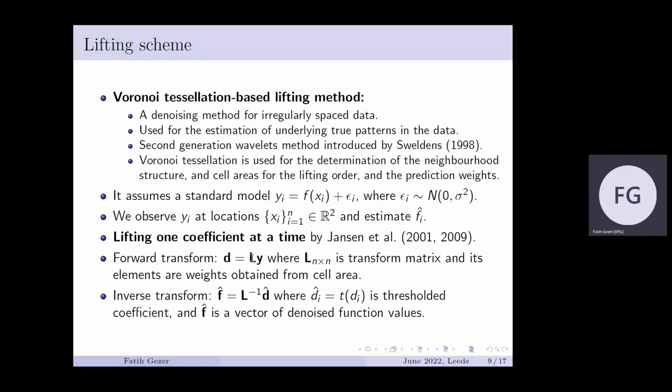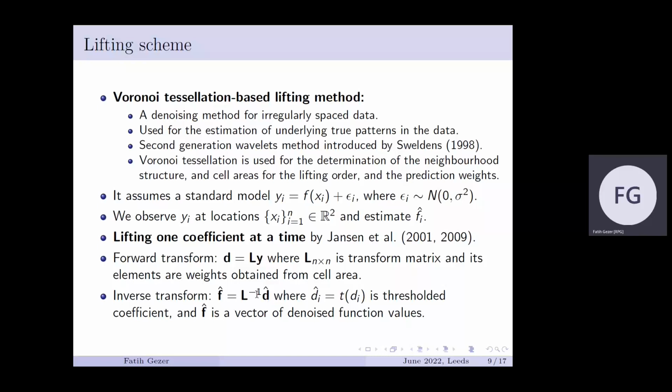So the observed data, the noisy data, the vector y, is multiplied with the transform matrix, and we obtain the coefficients d, a vector of coefficients. These coefficients include very small coefficients and large coefficients, and we assume that the small coefficients are due to the noise, and the large coefficients are due to the true patterns in the data. So what we do is threshold these coefficients and set the small ones to 0.